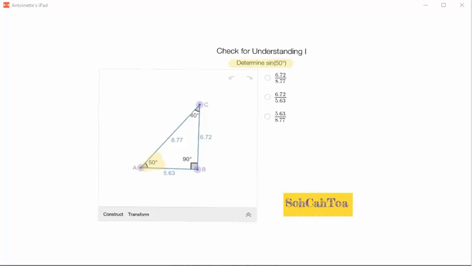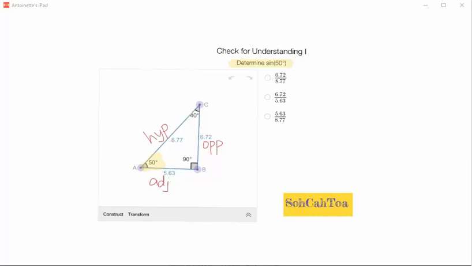Side BC is opposite from that angle A, and that means our side AB at the bottom is our adjacent side. That's the side that's touching the angle that we're focusing on here, the 50-degree angle. And then side AC is our hypotenuse. The hypotenuse will always be opposite from that 90-degree angle.